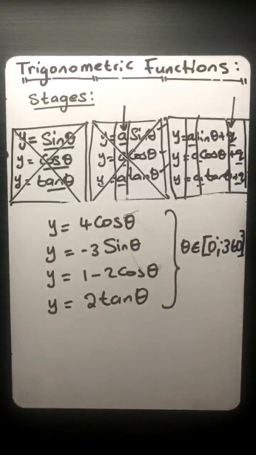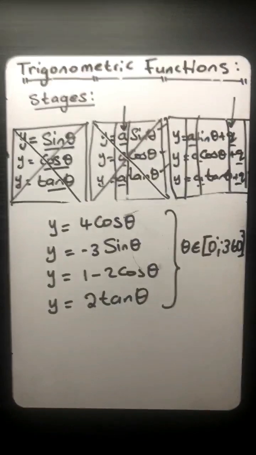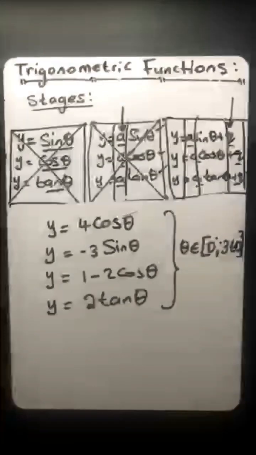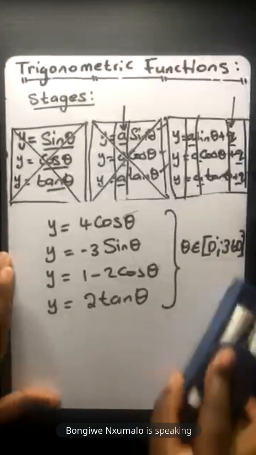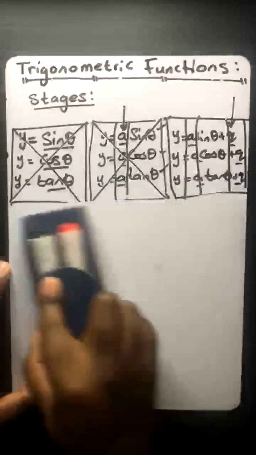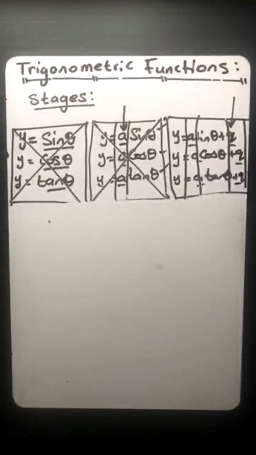Does it make sense to everyone? Guys, does it make sense? What is expected of you? Yes, sir. Yes, 100%. Okay, I'm just going to remove all of that, and from there, let's continue.